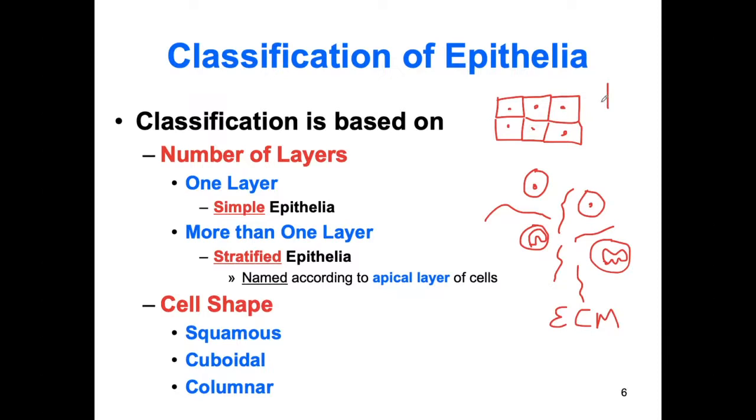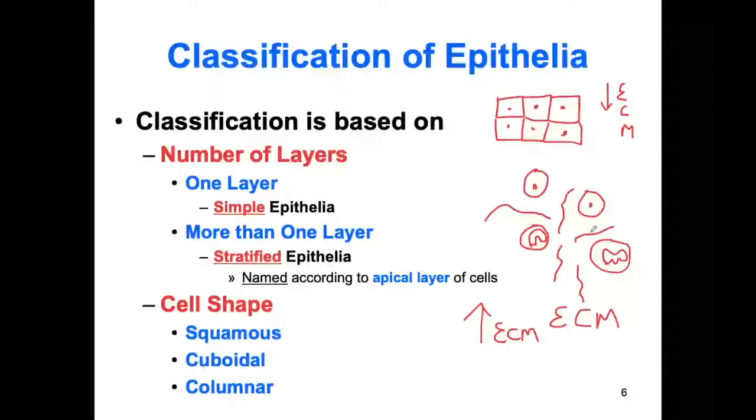And here you have very little extracellular matrix, but over here we have lots of extracellular matrix. Lots of stuff between the cells, right? Extracellular, extra, outside of the cells.